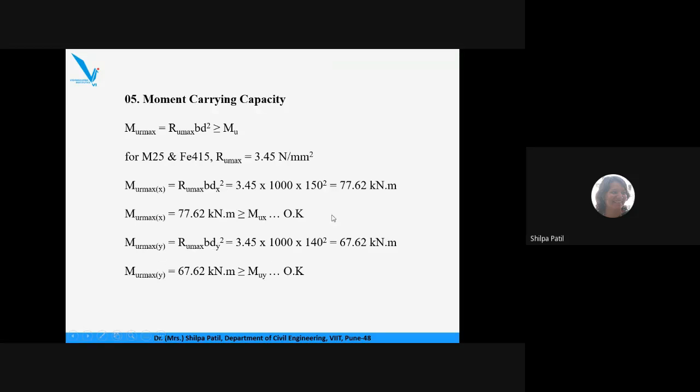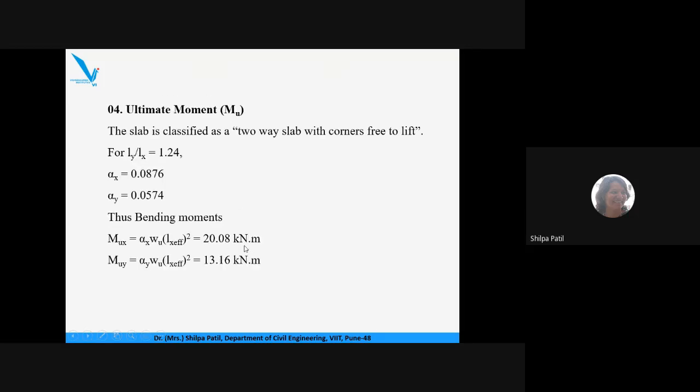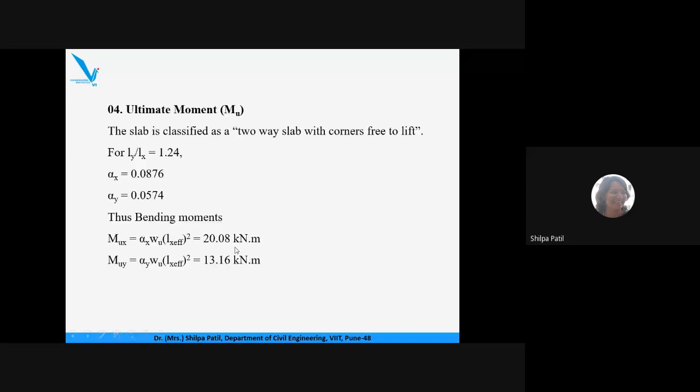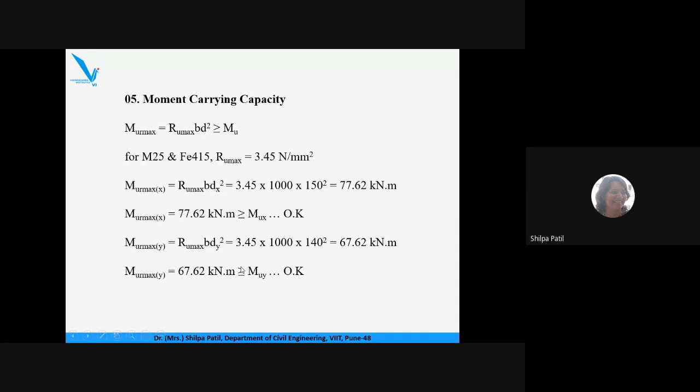After the calculation, we are getting MUR max as 77.62, which is greater than MUX. What is MUX? MUX is 20.08, so this is greater than 20.08. Similarly, MUR max Y is coming as 67.62, which is also greater than MUY, which is 13.16 kilonewton meter.